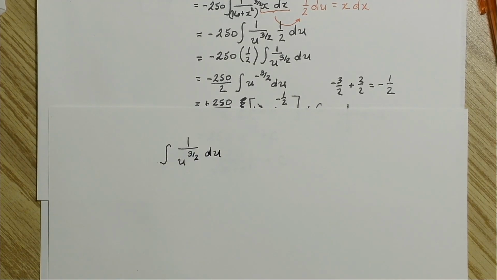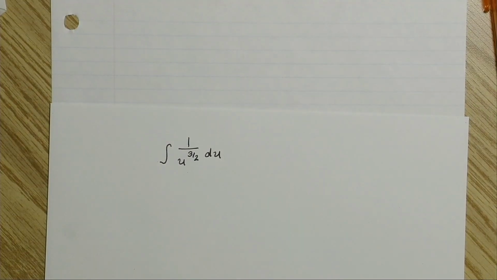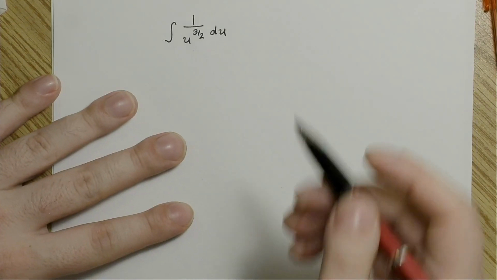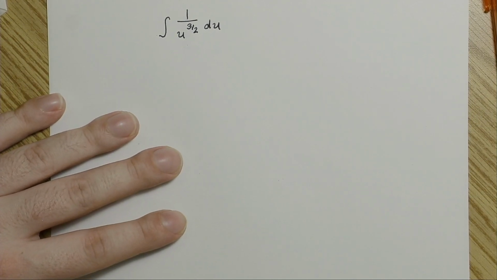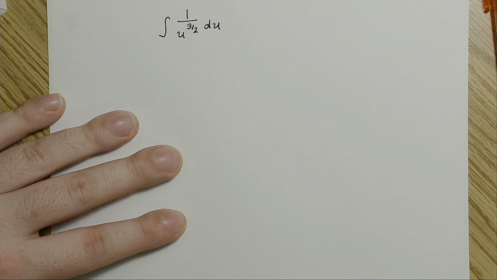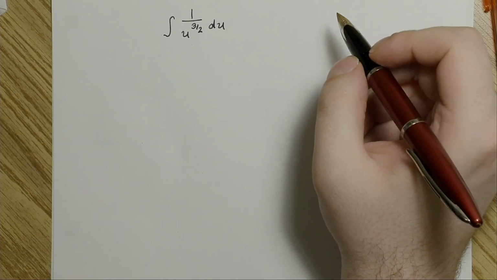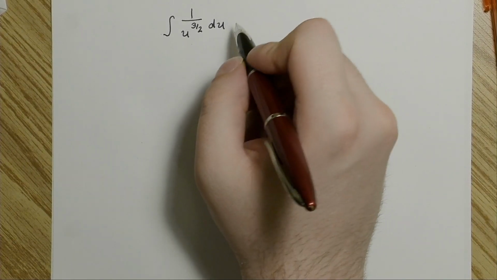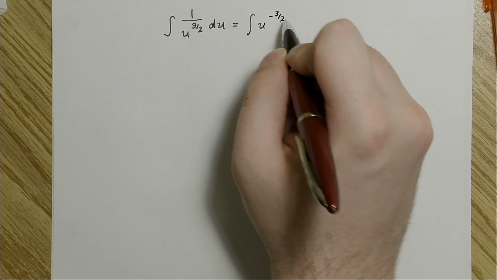Okay, let's do that. Perfect. So what we're going to do is we'll have u to the minus 3 halves du.